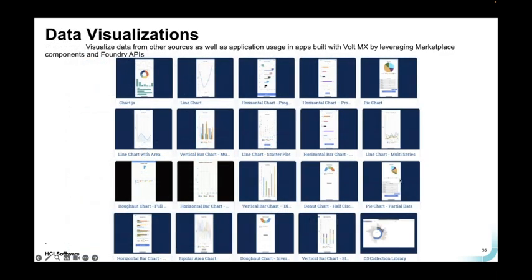Earlier, I showed you data visualizations and charting capabilities. We have dozens of charting libraries pre-built and available in the marketplace, which you can leverage. You can build any type of chart.